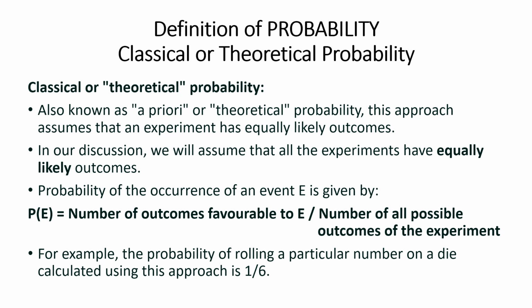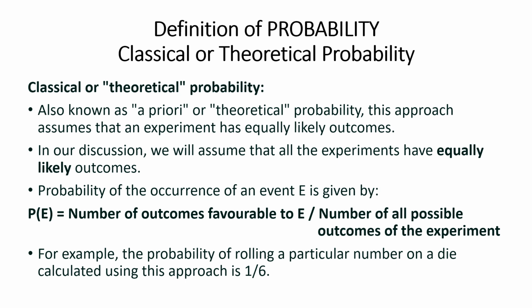Equally likely outcomes means that, for example, if I toss a coin, the outcomes are head and tail and they are equally likely. Or if I roll a dice, the number appearing on it can be 1, 2, 3, 4, 5 or 6. All are equally likely. So we give this definition assuming that the experiments have equally likely outcomes.